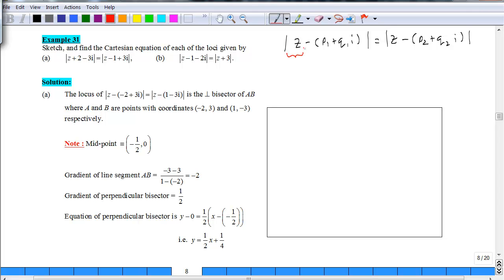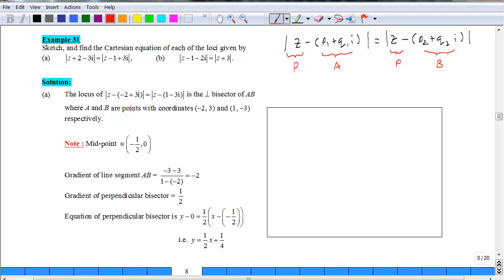Okay, so again the point P represents the variable complex number z, and the point A represents the complex number p1 plus q1i, and the point B represents the complex number p2 plus q2i. So we are saying that the distance between P and A is always equals to the distance between P and B.